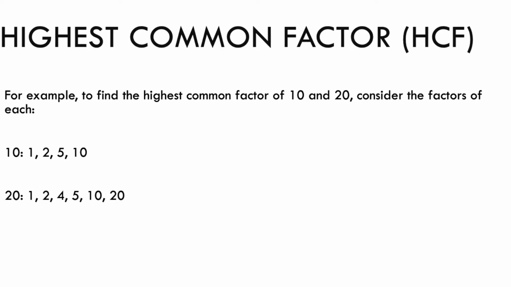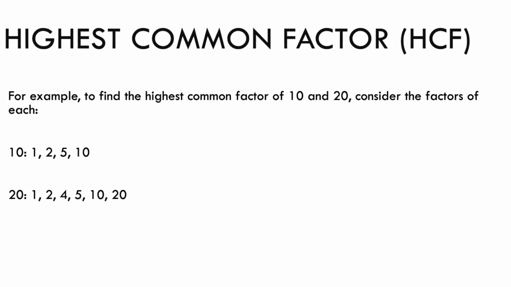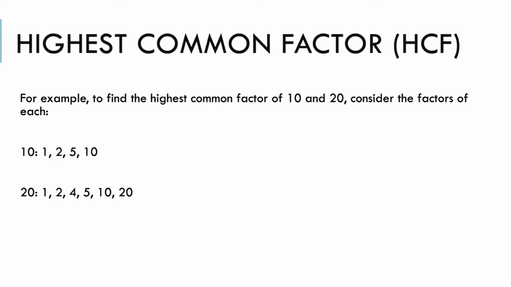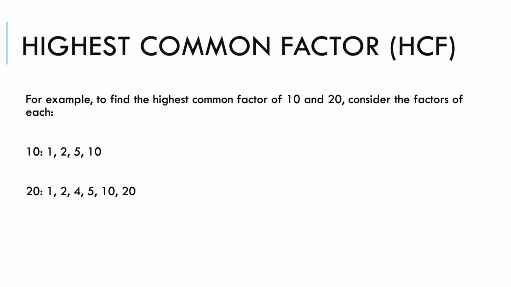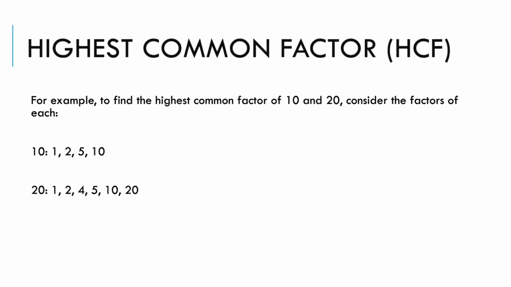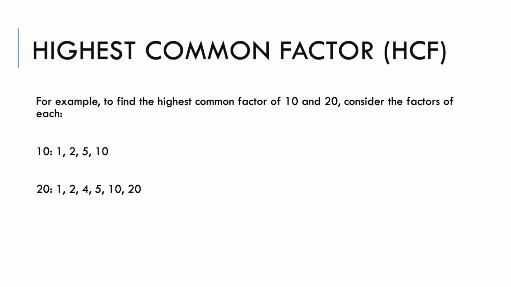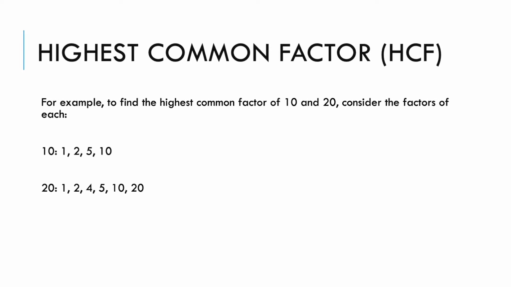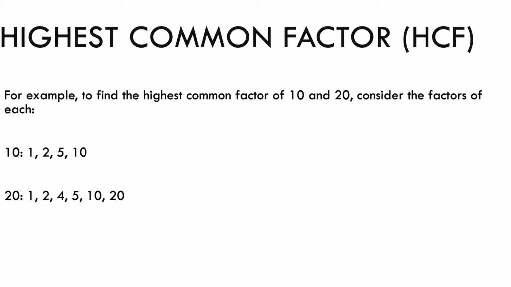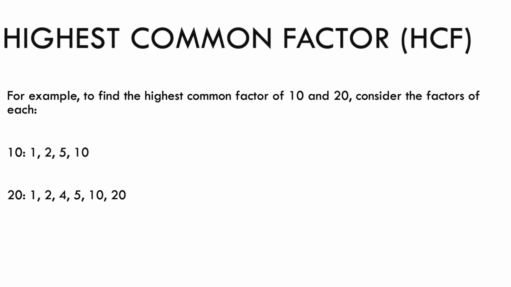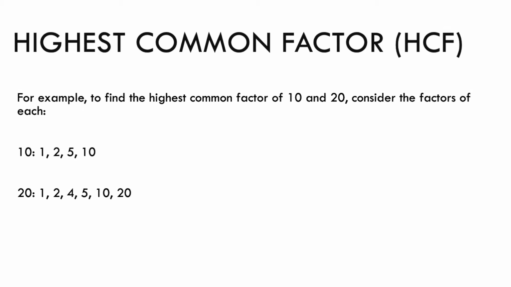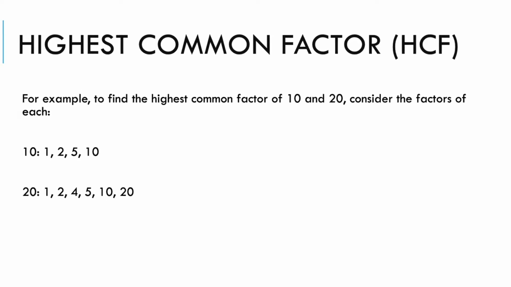The other concept that you need to be familiar with to factorise successfully is finding the highest common factor, or the HCF. In our example, if you had to find the highest common factor of 10 and 20, you would need to think about the factors of each. For 10, the numbers that you can multiply together to give 10 would be 1 and 10, and 2 and 5. So they're the factors of 10.